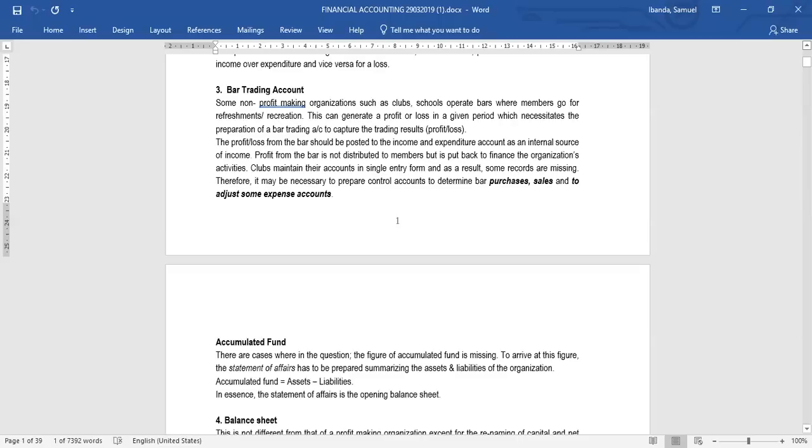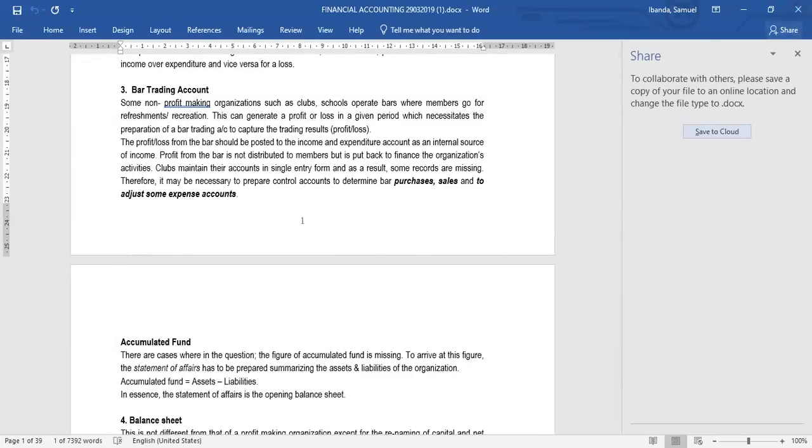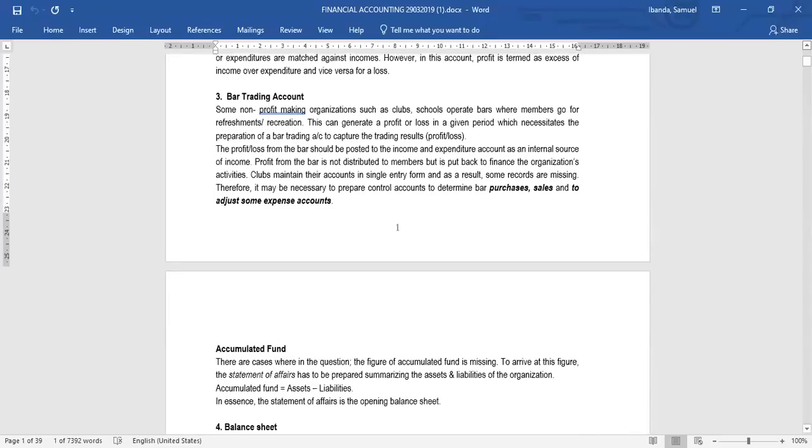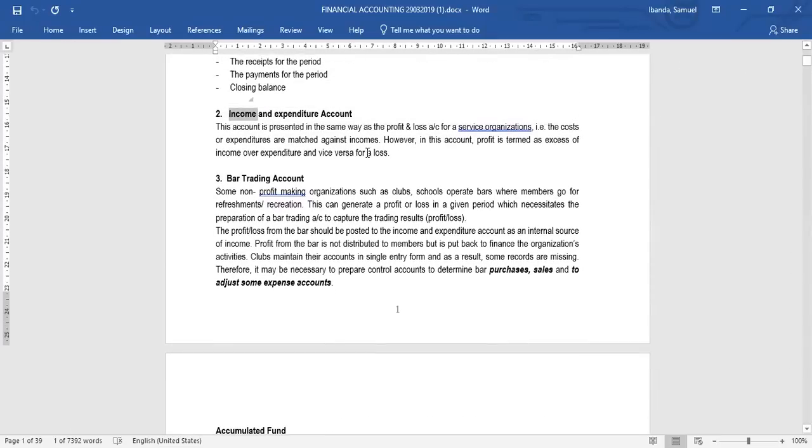There can be many things that you can think about when it comes to expenses, just like the way we have in the private sector, okay? So the income and expenditure tries to record those different costs and incomes.